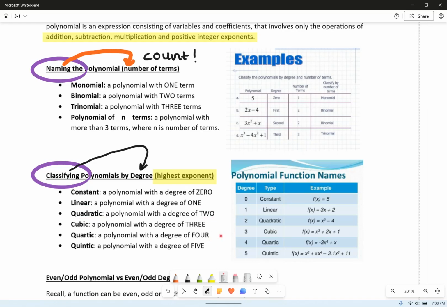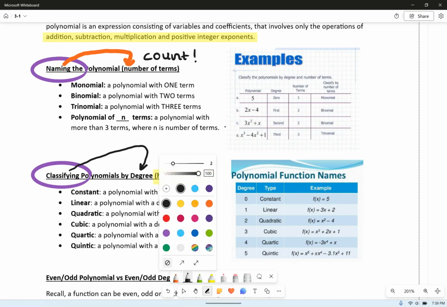Let's look at some examples over here on the right. Notice that we need to classify. So what we are going to need to do is find the highest exponent. We're going to examine every single term. Well, there weren't any terms here but the 5. But I want to remind you of something here.